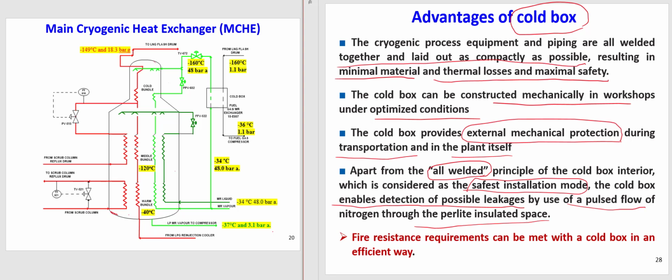So we send nitrogen, which is the inert gas, in the pulse way, and then on the other side we can detect the nitrogen, like how the composition has changed, or how the flow, the pulse response that we get. We can analyze those responses, and based on some specific analysis, we can see if there was any leakage or not.